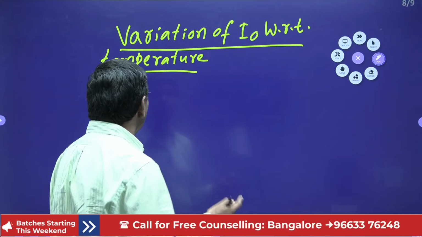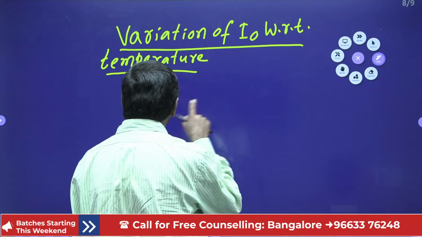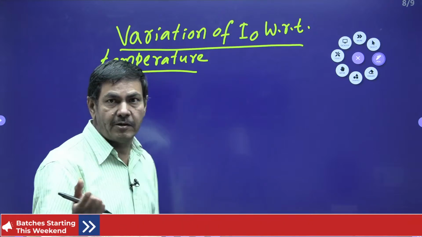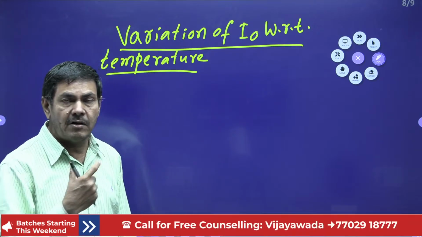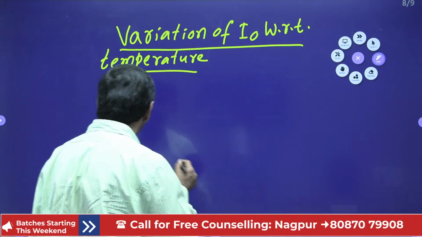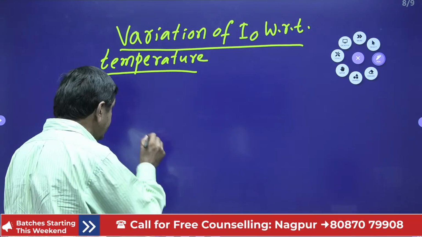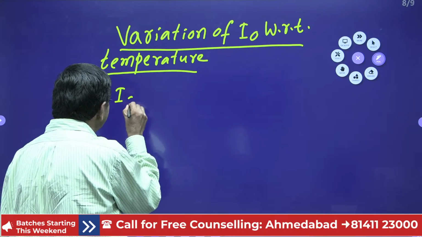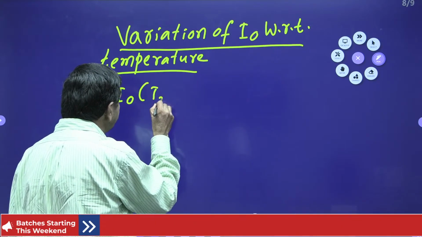That is why, for variation of I naught with respect to temperature, there is one empirical formula. Empirical means it is not derived, it is a direct formula. It gives I naught, the reverse saturation current at T2.